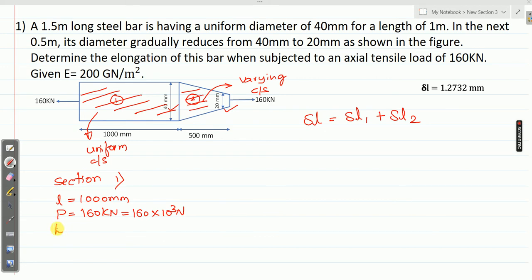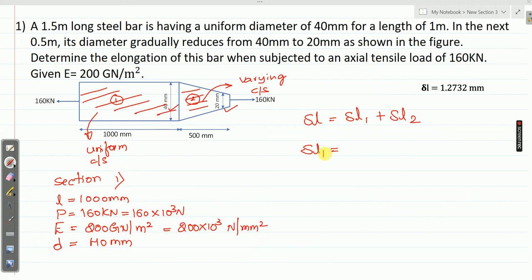Young's modulus is 200 giganewton per meter square, which is equivalent to 200 into 10 raised to 3 Newton per millimeter square. This is for section 1, and the diameter of section 1 is 40 millimeter. It is uniform, so first let me calculate delta L1.